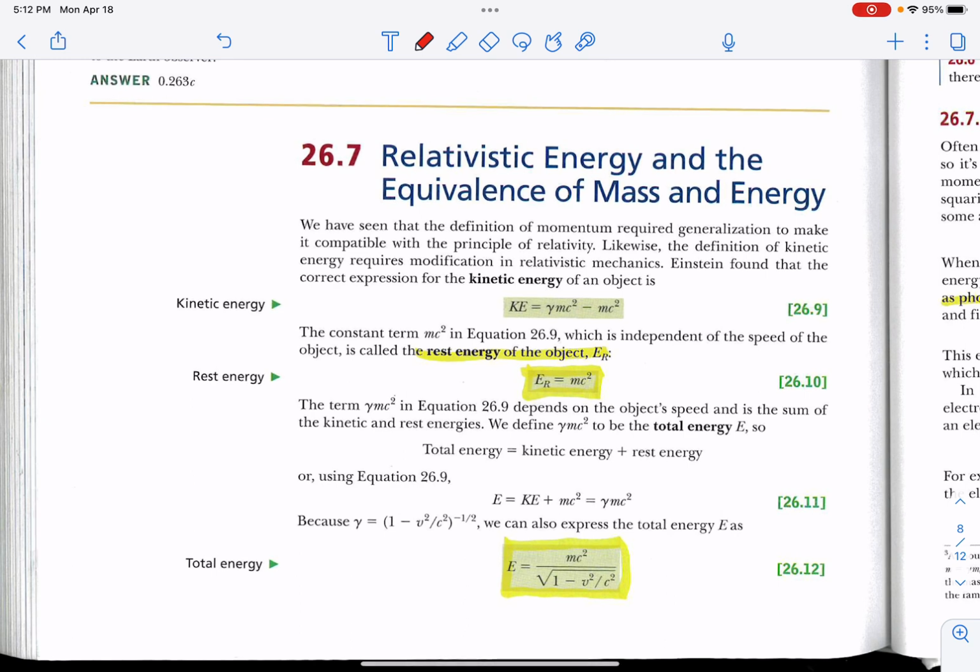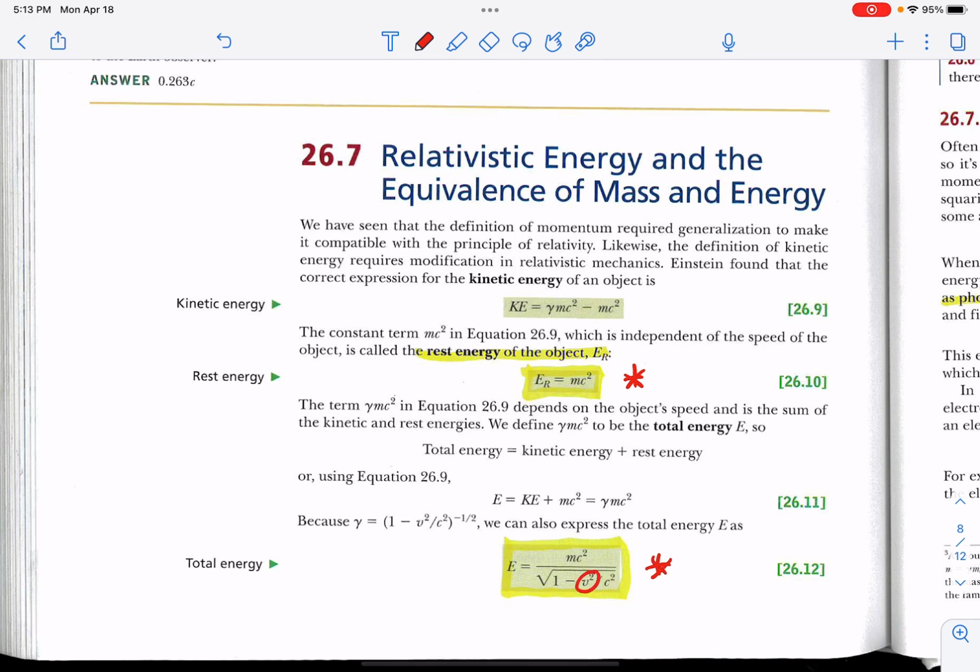Relativistic energy is where we end up with E equals mc squared. We have our rest energy, and then we have the idea, according to this incredible insight on the part of Einstein, that it takes more and more energy to speed up something, and that amount of energy can be calculated like this.